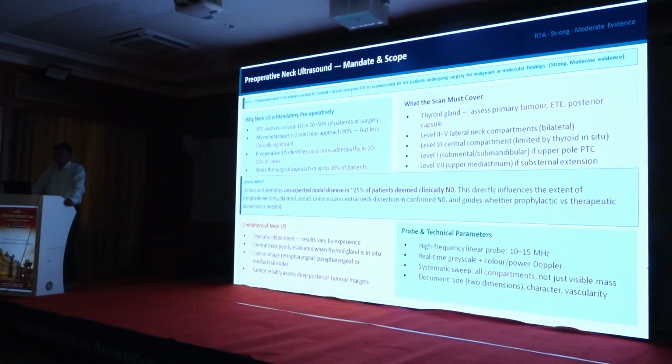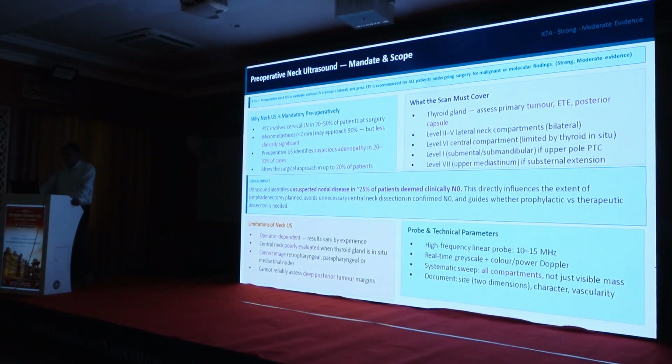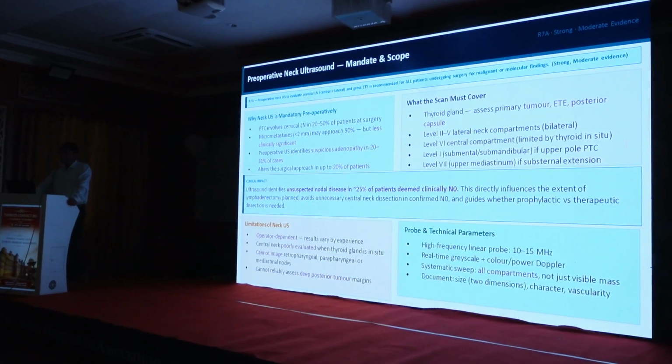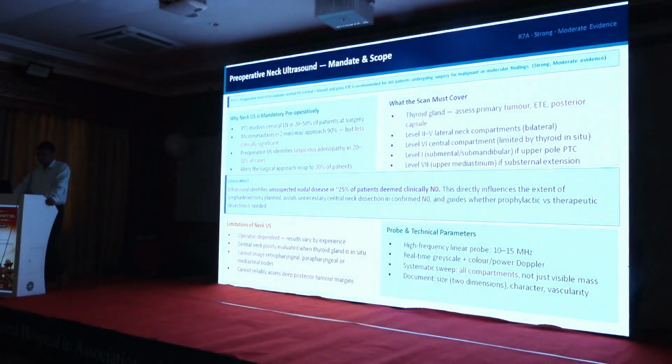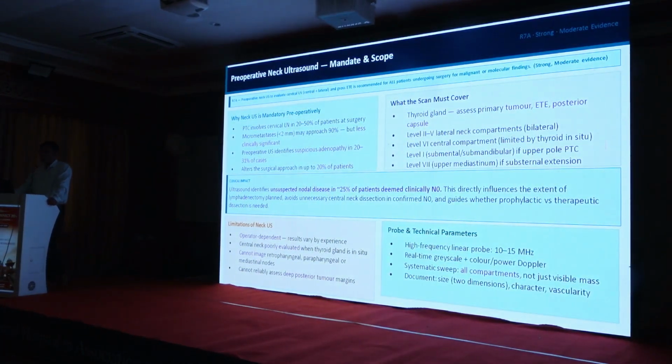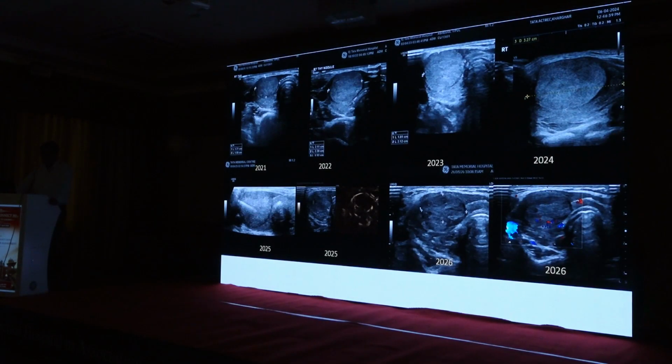Based on the guidelines given in the American Thyroid Association guidelines, it can detect almost 20 to 30% of clinically negative nodes. So when the nodes are not clinically seen, it will identify metastatic nodal involvement in 30%, and that will alter the way we treat these malignancies in 20% of the patients. That is something we learned from the ultrasound.